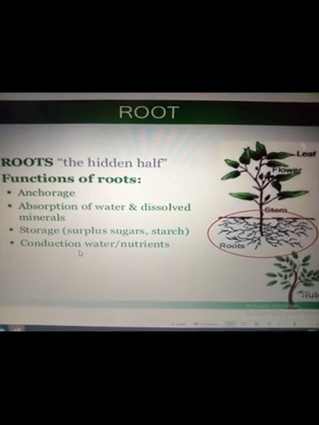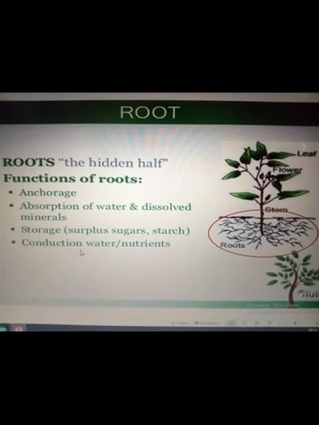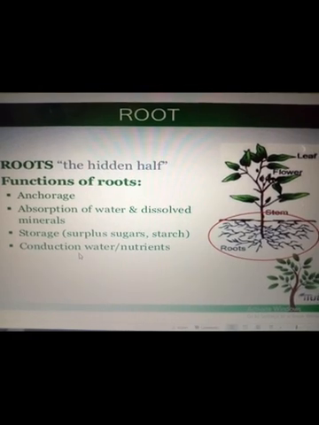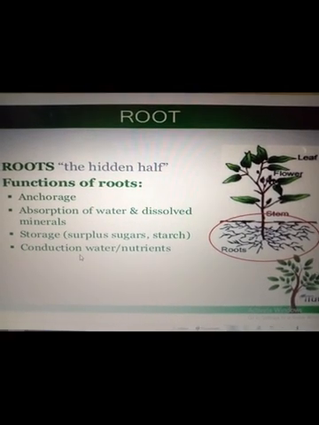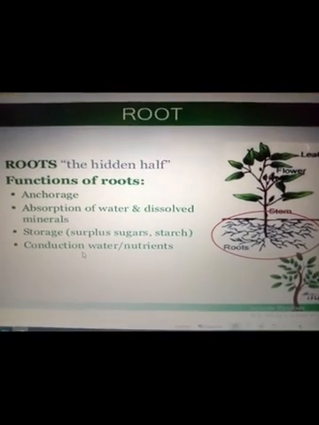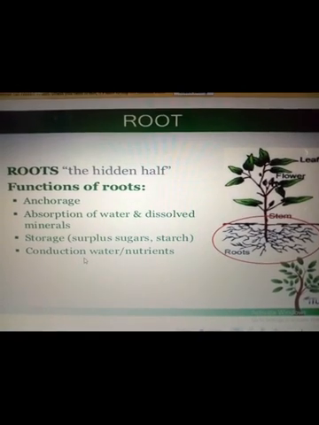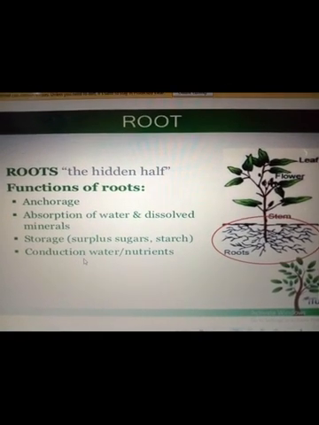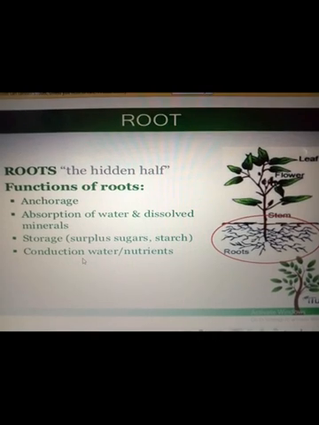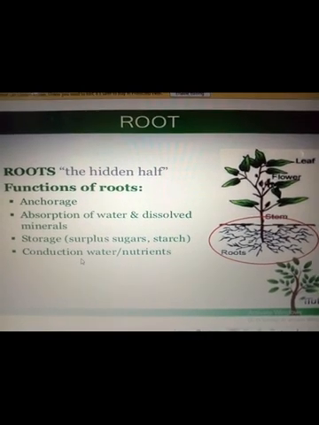Second is absorption of water and dissolved minerals. Soil has minerals dissolved in it. So the roots absorb water and minerals from the soil that are needed for the plant's growth.